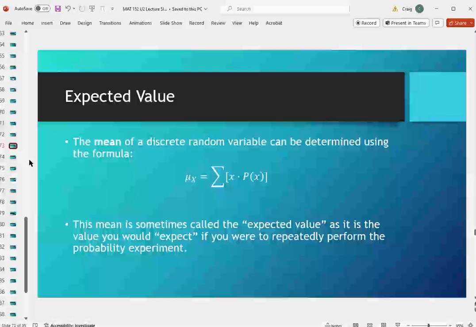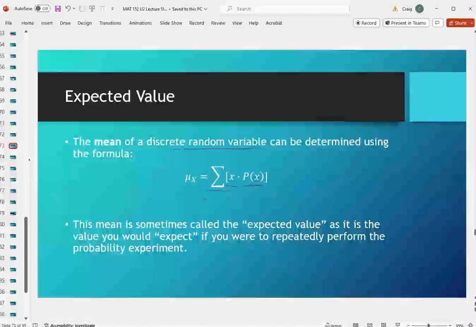But in both cases, we can calculate a mean of the probability distribution, a mean of the discrete random variable that we're trying to measure. We do that by just multiplying the outcome times the probability, and then we just add them all up.